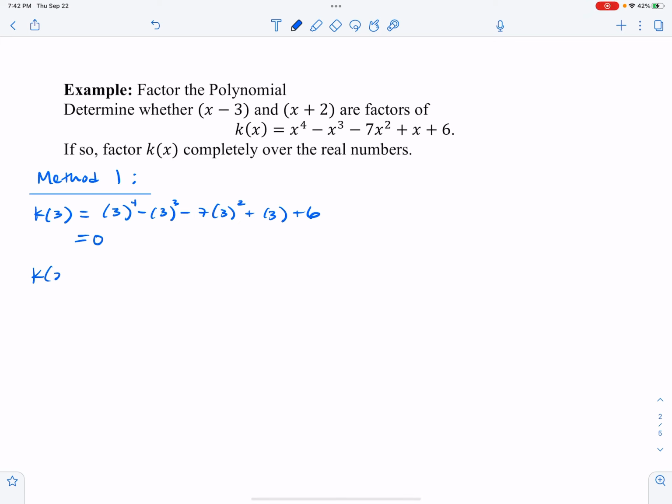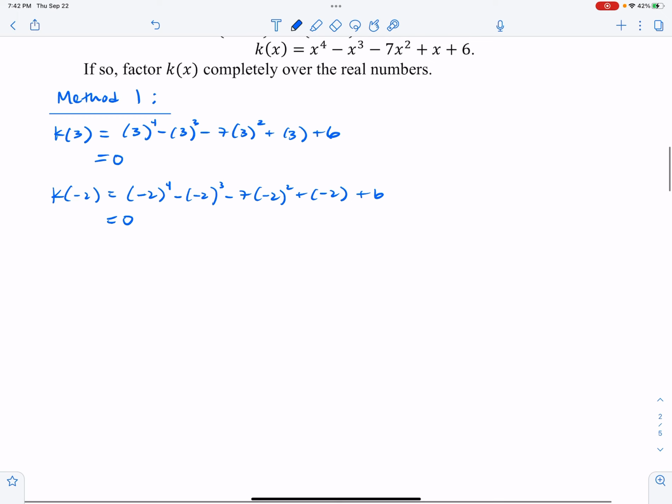And then k of negative 2 is also equal to 0. Okay, so what that tells us at this point is that k of x can be written as x minus 3 times x plus 2 times something. We don't know what that something is, though.